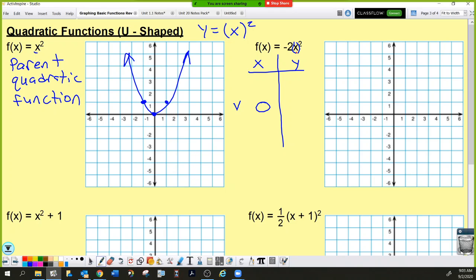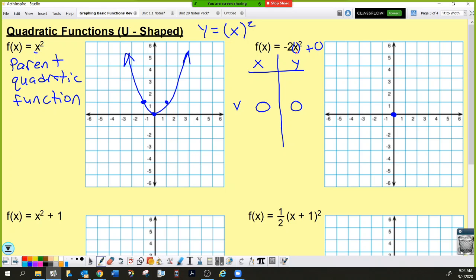To find the y value of that vertex, you're going to look to the far right. What number is added or subtracted to the far right? Is there a number over there? No. So what is that number then? It's a 0. You think of it as being a plus 0 over there. So your vertex is still at 0, 0.